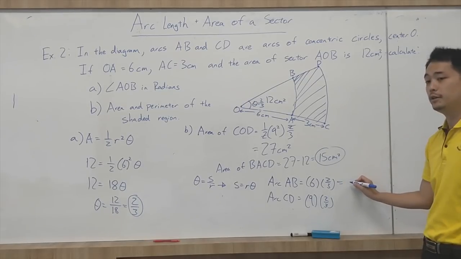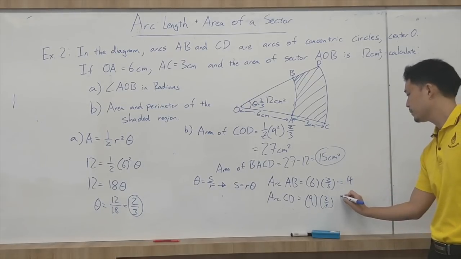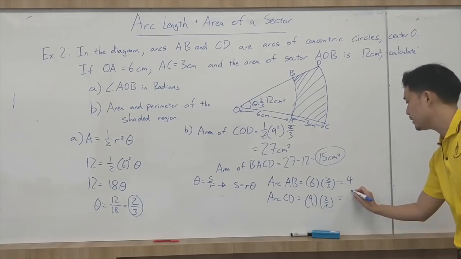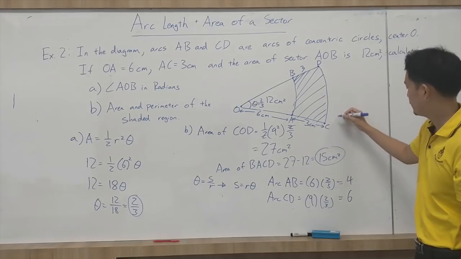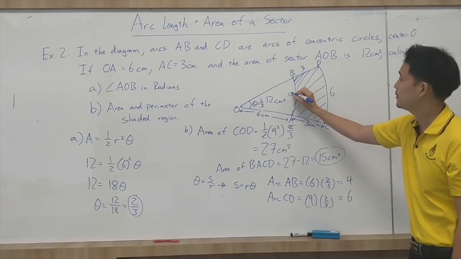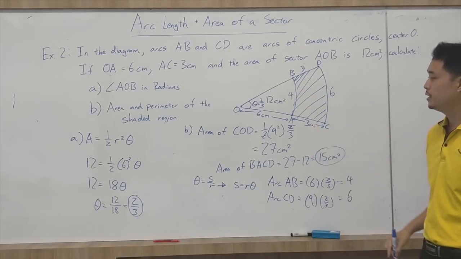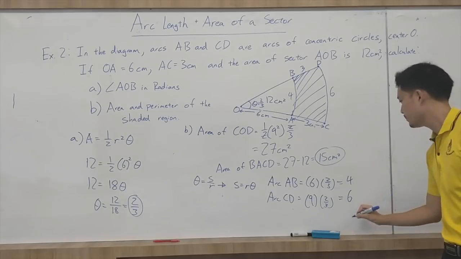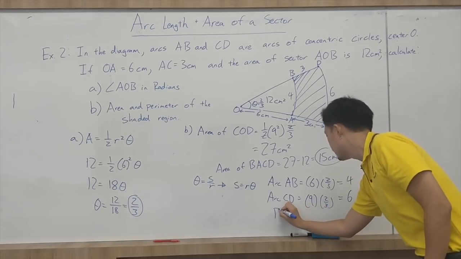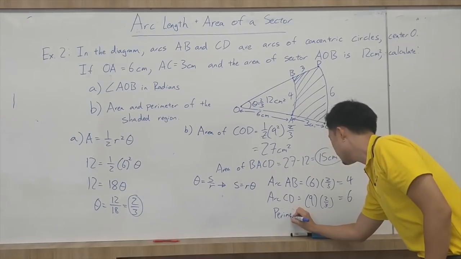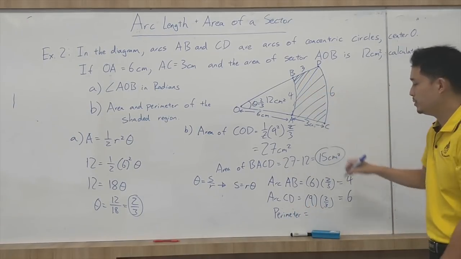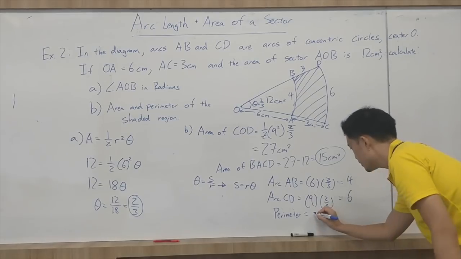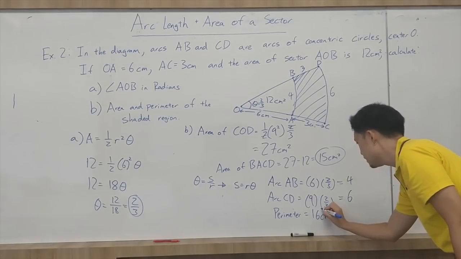Arc AB is length 4. Arc CD is length 6. So putting it all together, we've got 3 here, we've got 6 here, we've got 4 here, and we've got 3 down there. So perimeter is equal to 3 plus 3 plus 4 plus 6, which is 16 centimeters.